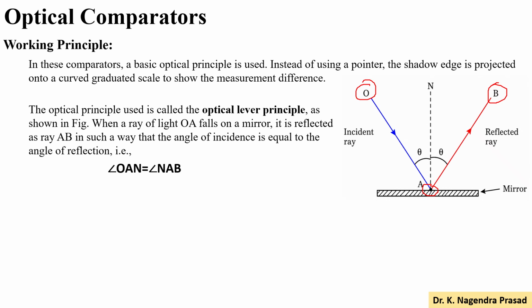Here the angle of incidence is theta and the angle of reflection is also theta. This occurs when the mirror is completely flat. Then angle OAN is equal to angle NAB.